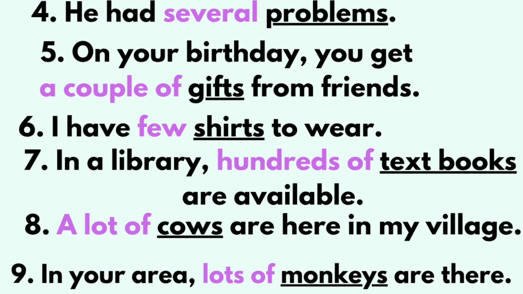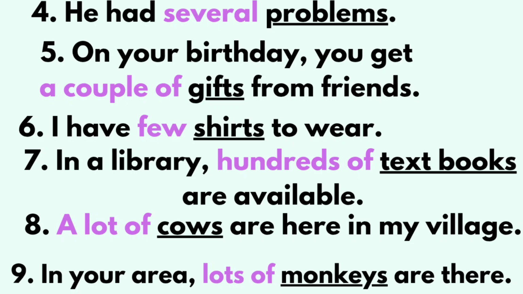I have few shirts to wear. Here shirts means the ones which I usually wear. Shirts means plural countable. I can say 2 shirts, 10 shirts, 100 shirts, or 10 gifts, 100 gifts, 1000 gifts, right? In a library, hundreds of textbooks are available.